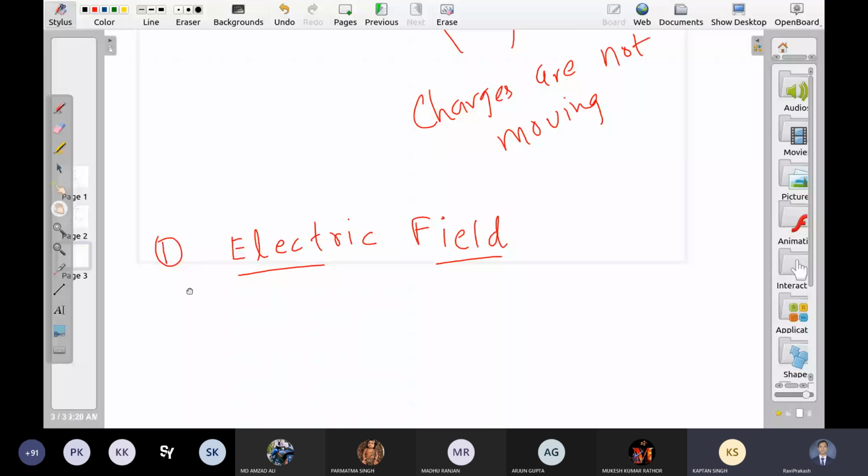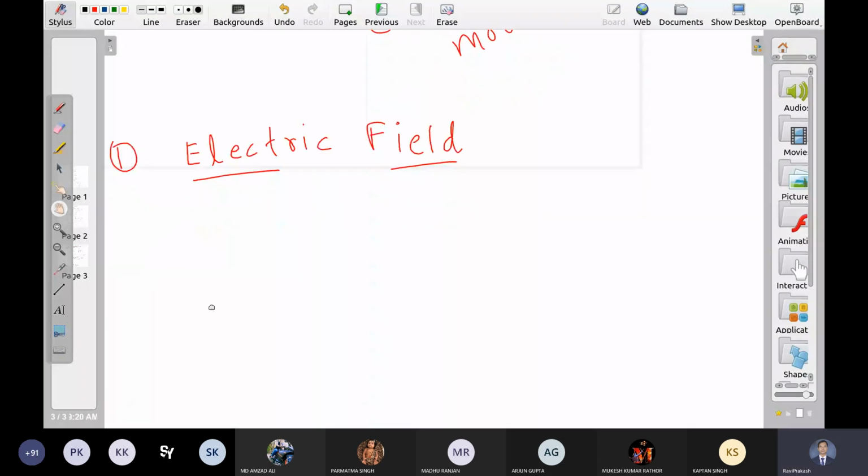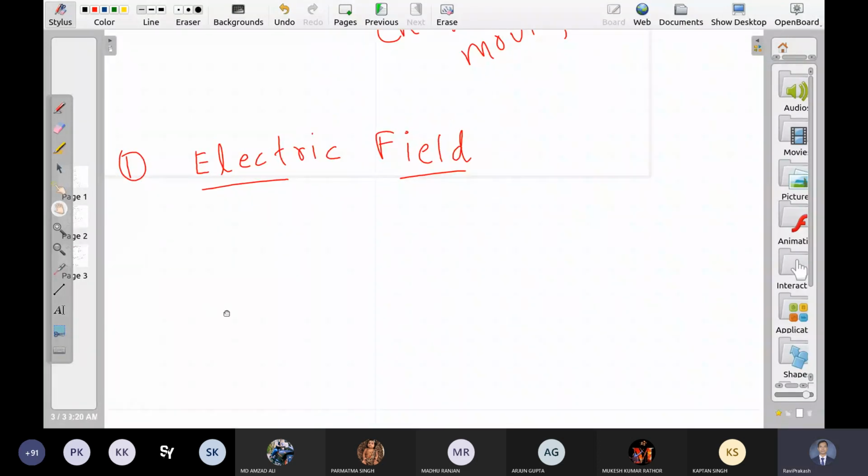Magnetic field along with electric field. Yes, then they have both electric as well as magnetic. So static charges are part of electrostatics, and dynamic charges become a part of electromagnetics or electrodynamics. And that's why you have heard this name electromagnetic waves, and you have heard electromagnetic in various contexts.